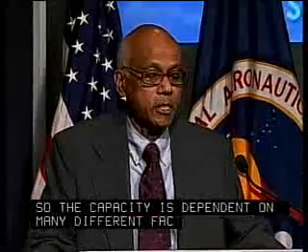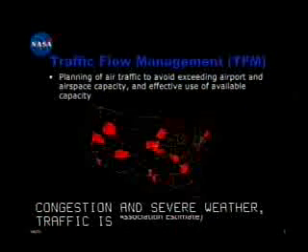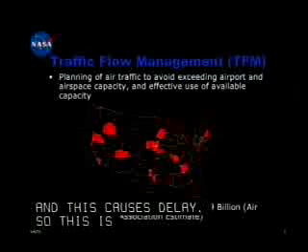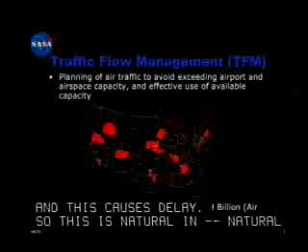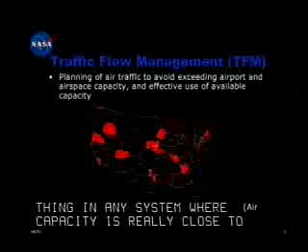And in order to cope with congestion and severe weather, traffic is either rerouted or slowed down, and this causes delay. So this is a natural thing in any system where capacity is very close to demand. The system performance goes down as delay goes up.